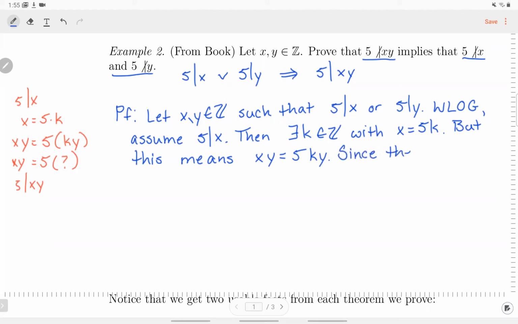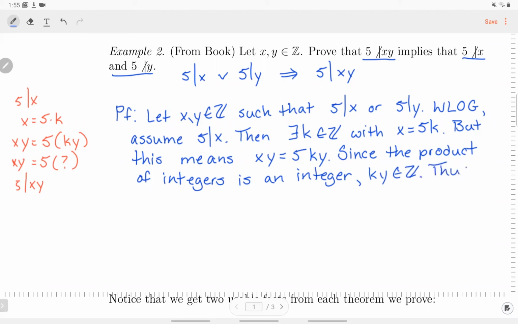Since the product of integers is an integer, I'm trying to show you the variety of ways you can say the same thing. Since the product of integers is an integer, ky, element of Z, ky is an integer.